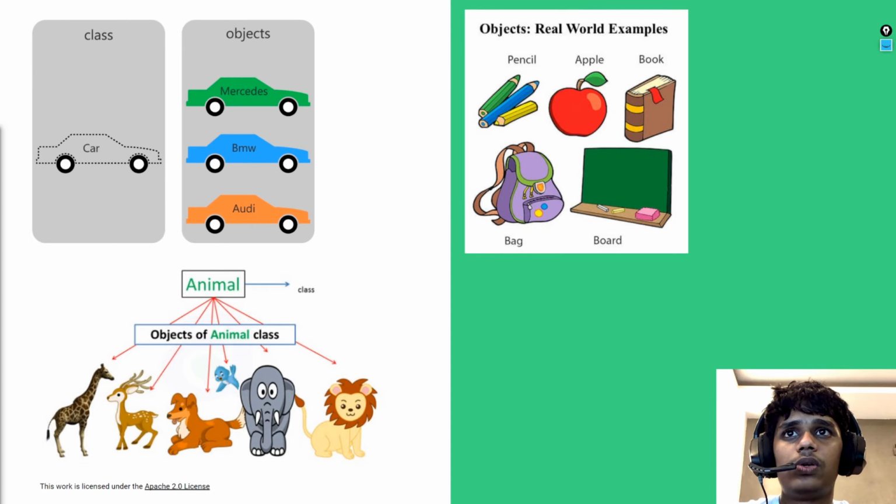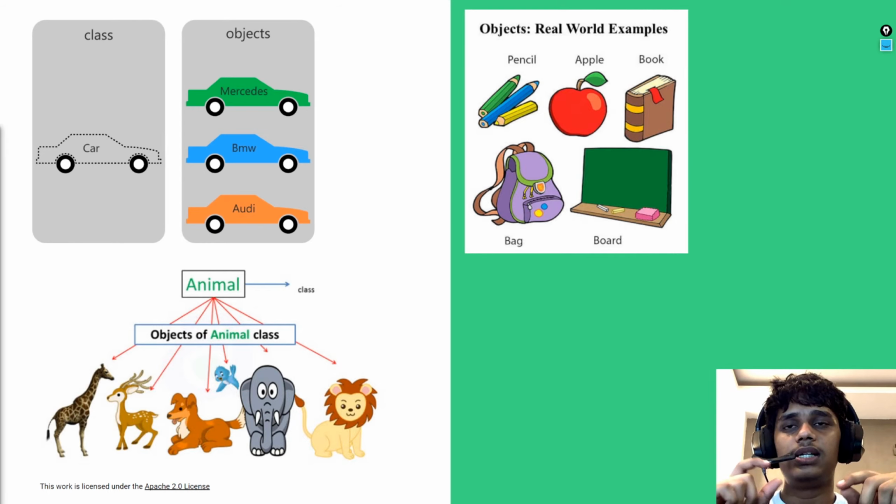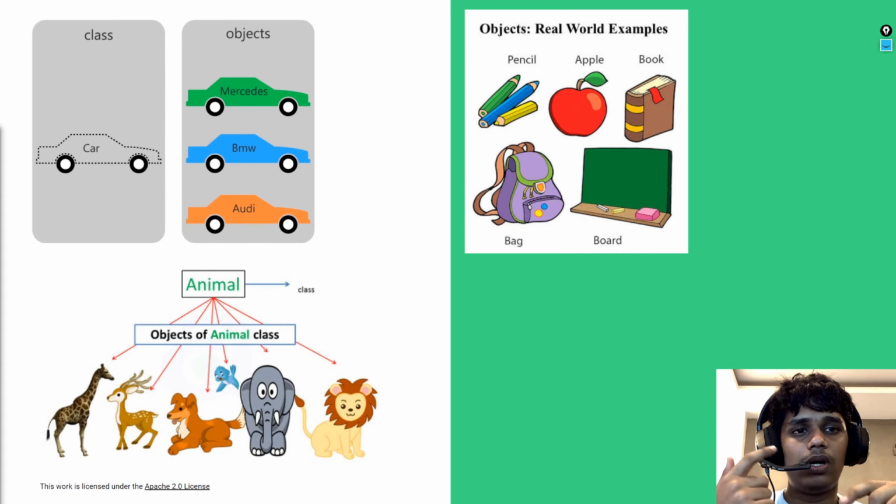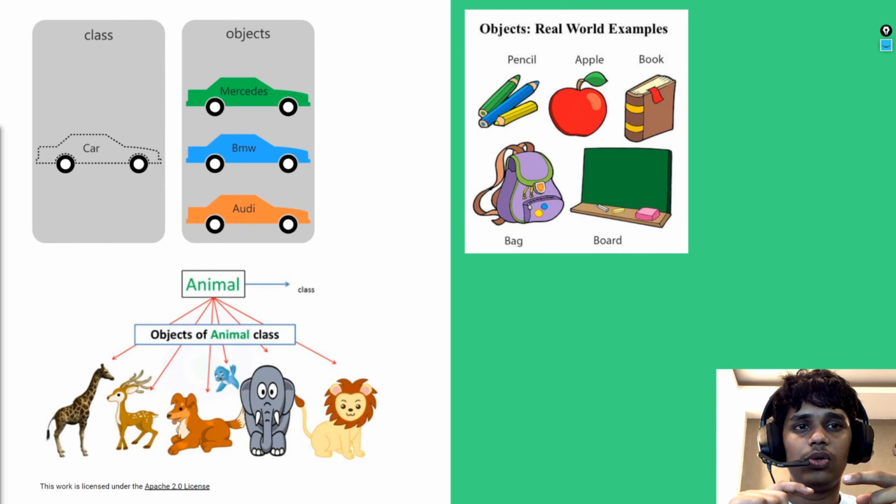I'm going to write a program. What it contains is the sides of the dice. If you consider a dice, it has six sides. Some dice might have 12 sides or 8 sides too.